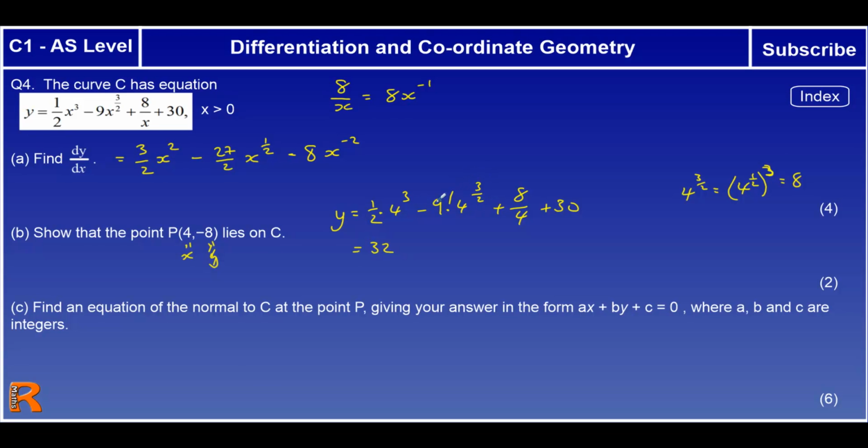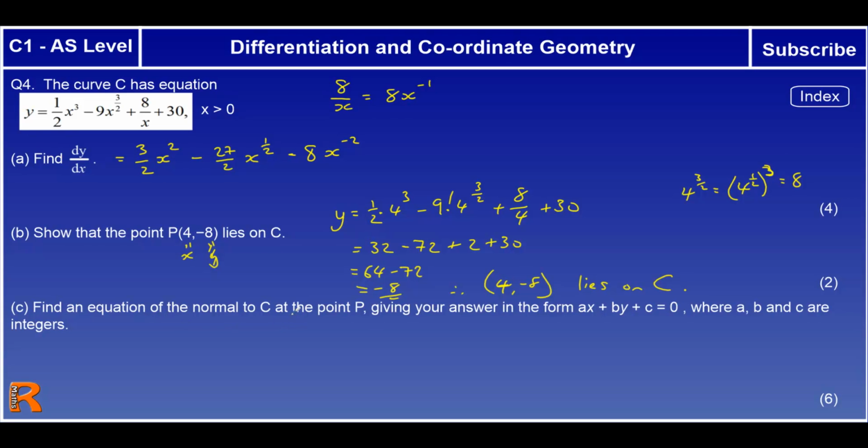So that bit there is 8, and times by 9 is 72. And then 8 divided by 4 is 2, plus 30. And 32 and 30 is 62, plus 2 is 64. Take away 72 equals minus 8. So that's therefore (4, minus 8) lies on C.